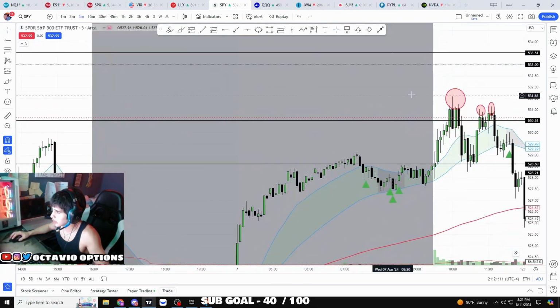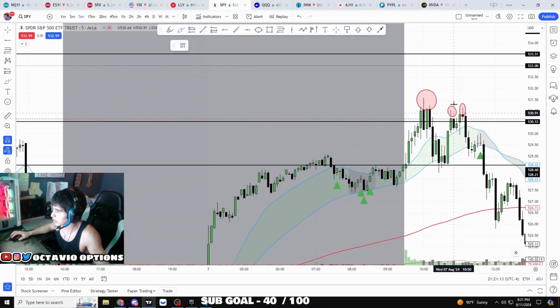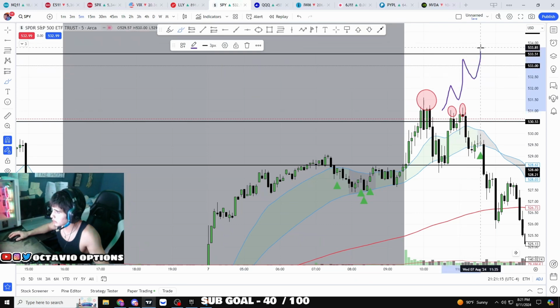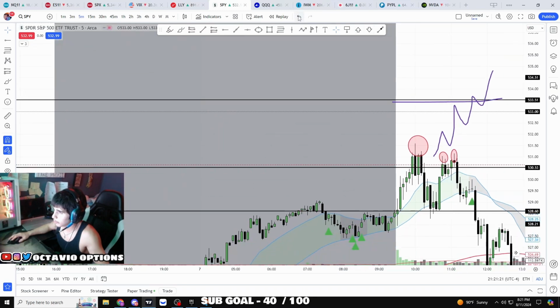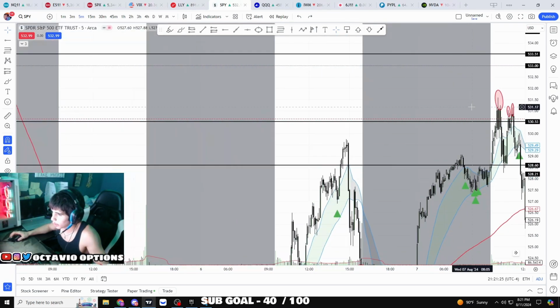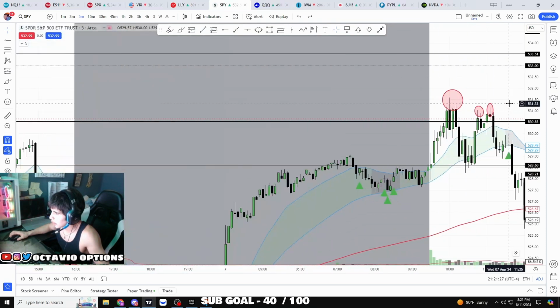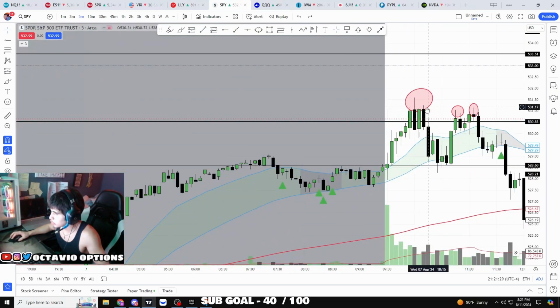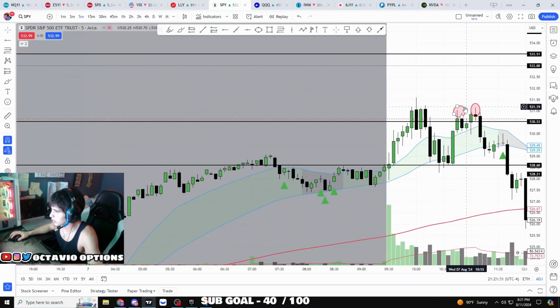If buyers wanted to step in, they would have kept the continuation to higher highs and broken above this order block. But we didn't. We tapped into the second order block up here, the second highs, and got rejected one time, two times.